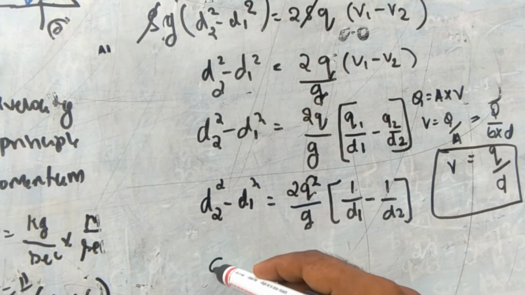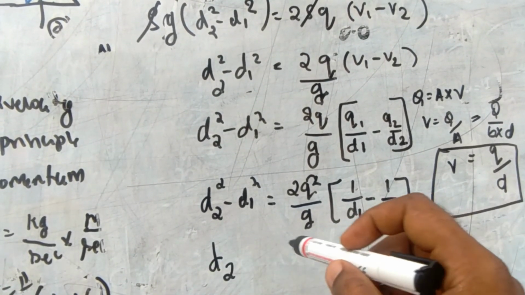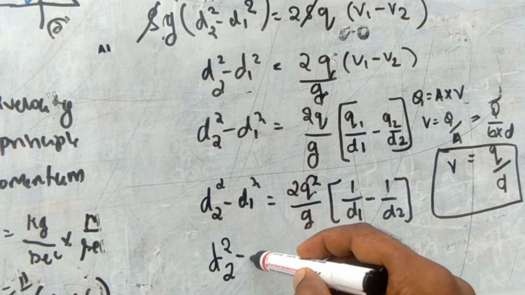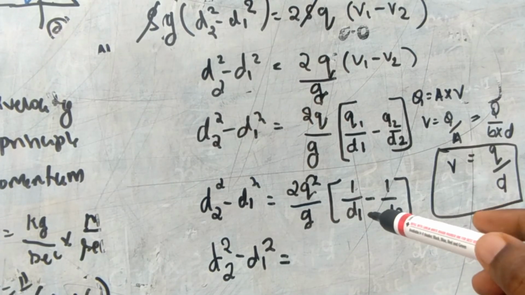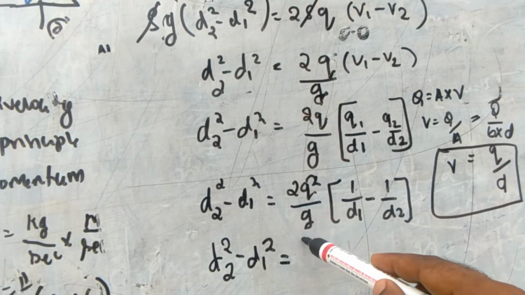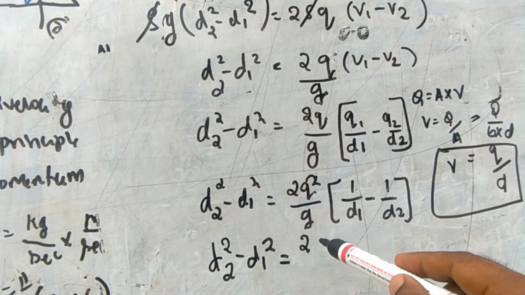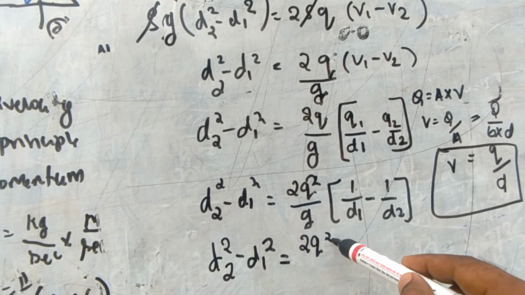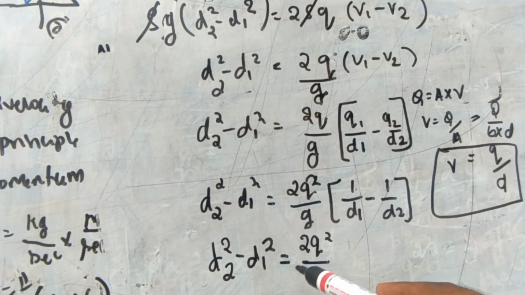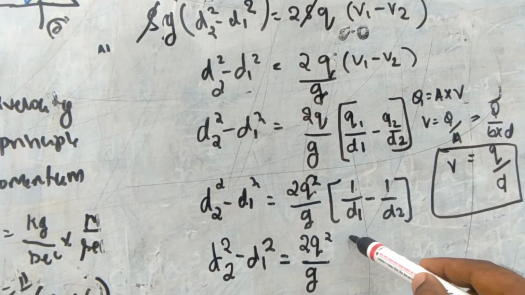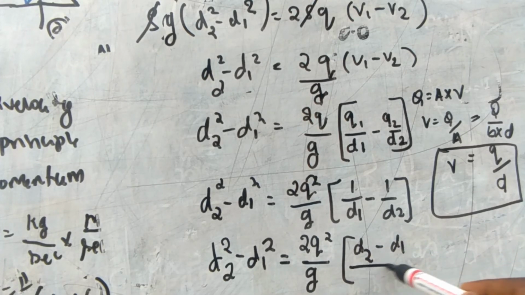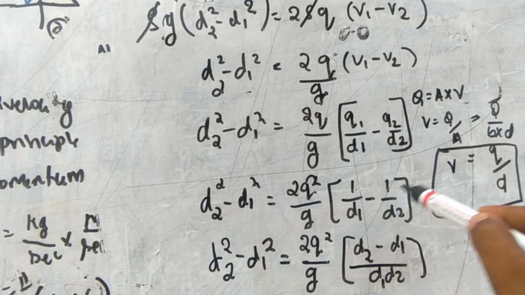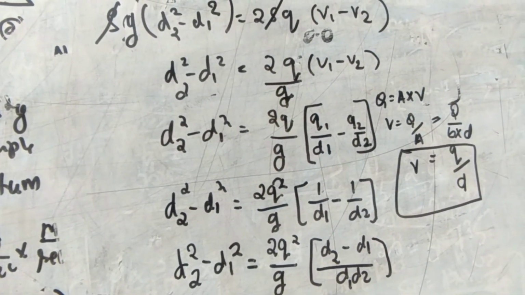Next, d2 square minus d1 square is equal to 2q square divided by g, which means (d2 minus d1) by d1 d2, after cross multiplication d1 d2.